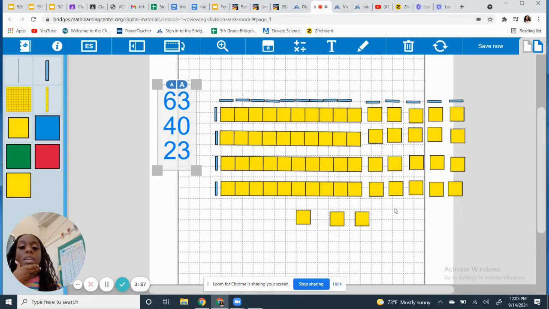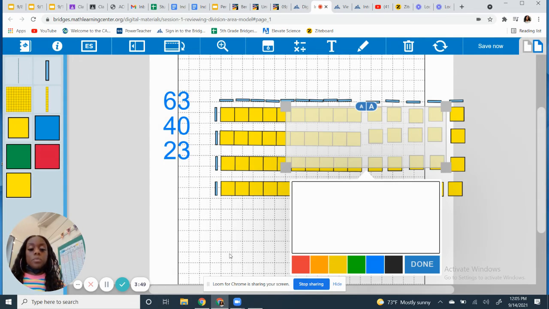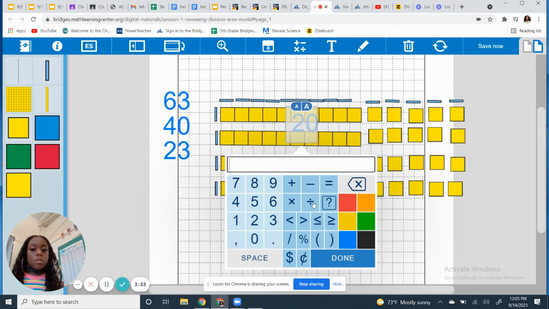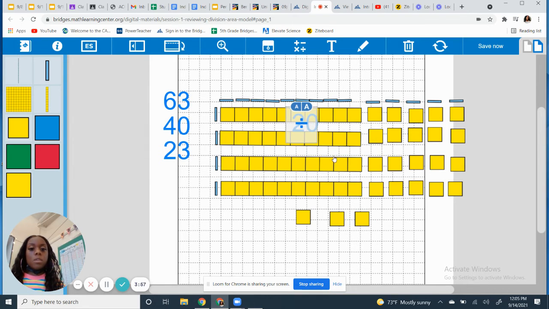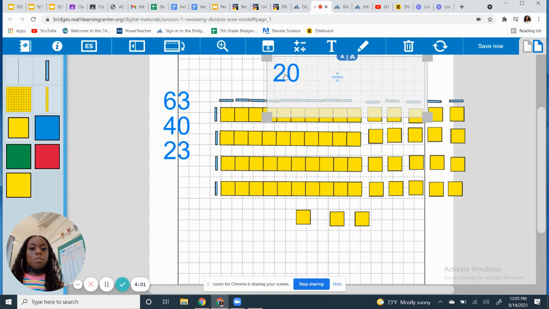How can we get 20 pieces divided evenly amongst the 4 tables? Remember, we have 1, 2, 3, 4 tables. Let's see if we can do this, 20 divided by 10. Oh, look at that. It's a whole different thing. 1 second.